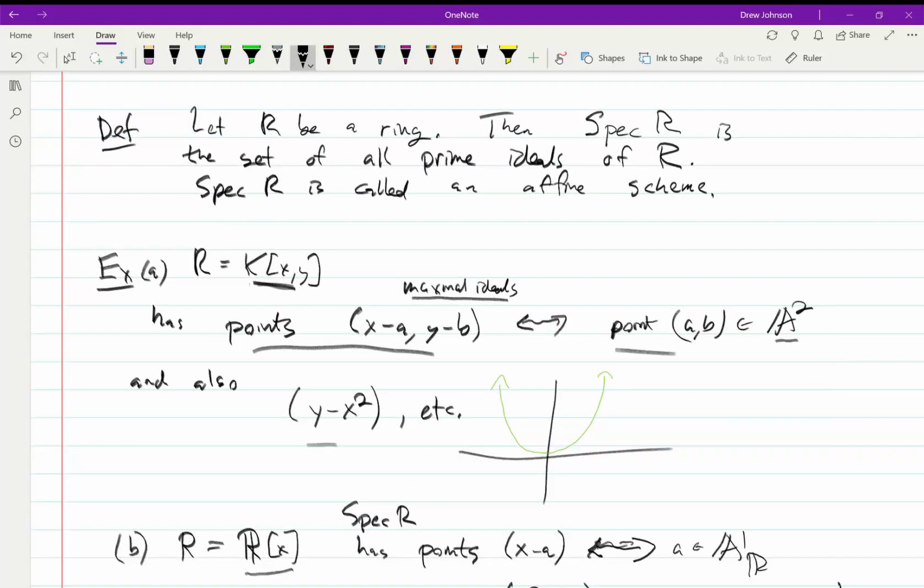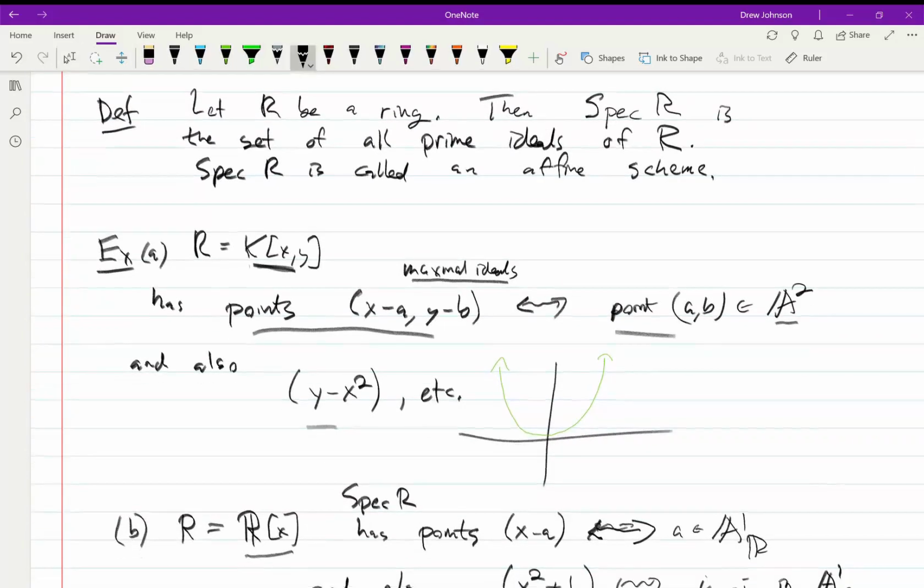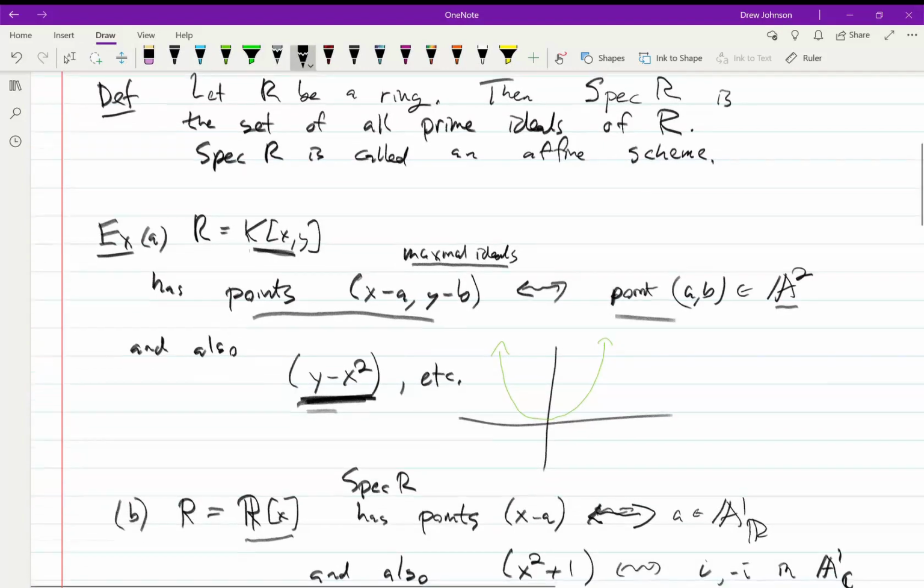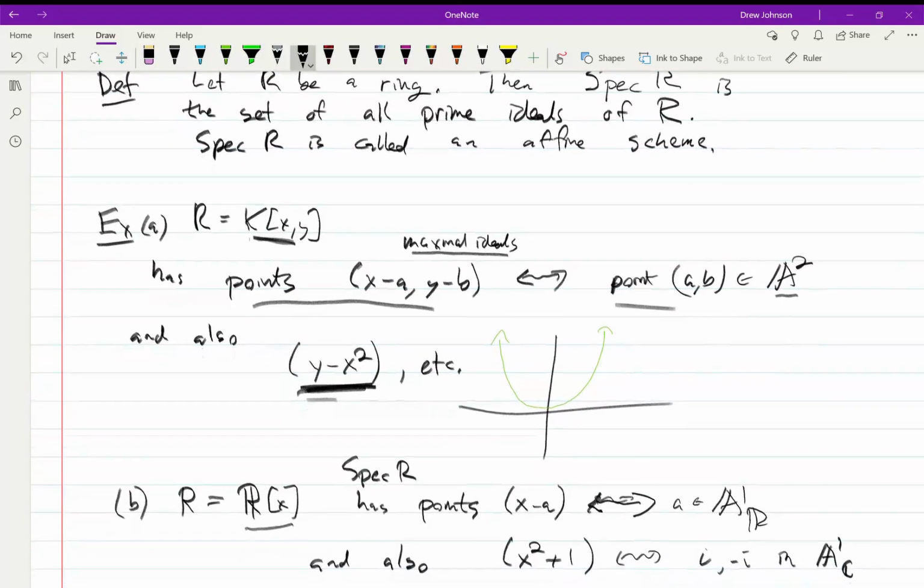Those are the usual points we're used to from geometry. But we also had these kind of funny points like this. Every closed subvariety of A2 had its own point associated to it, and the closure of that point includes all the closed points on that subvariety. So the closure of this point here would include all of the closed points on the parabola.